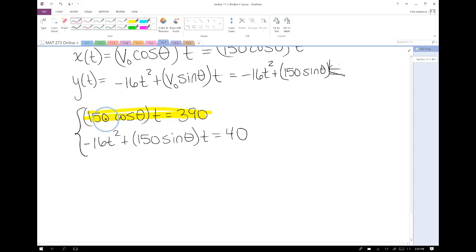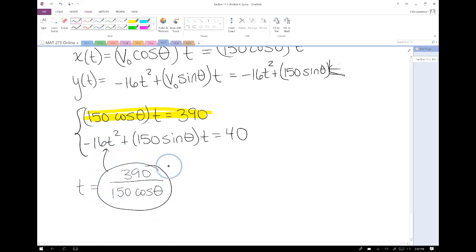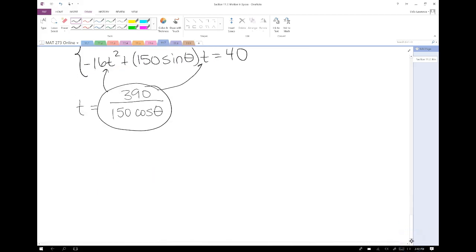If we solve this equation for t, we're going to have to divide over the 150 cosine theta. And we get that t is equal to 390 divided by 150 cosine theta. We can then use this t value to replace the t in our second equation, and then we'll have one equation that only has thetas in it.